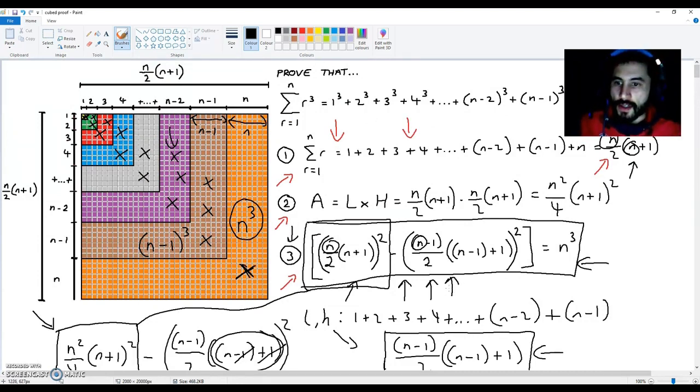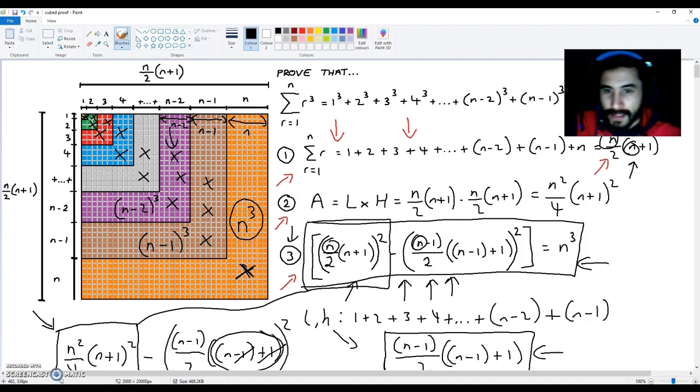So this area shaded in purple is (n-2) cubed. And of course, it has a length of n-2. This shaded area over here, right at the top, we can see the length n-2. And the whole area is (n-2) cubed.